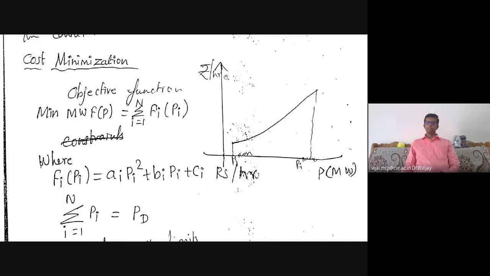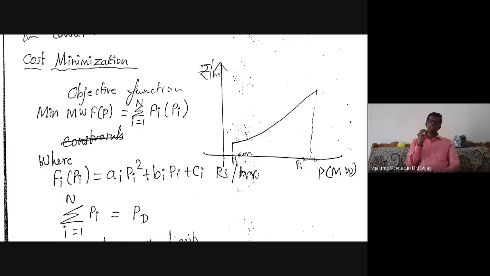But for hydro generation, the fuel cost is not this much. The resource is free, but there is some maintenance cost: we have to pay salaries and wages to the employees, which is a very minimum cost, not very high.